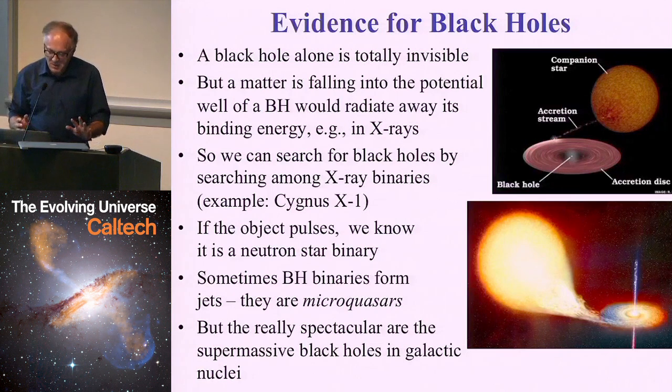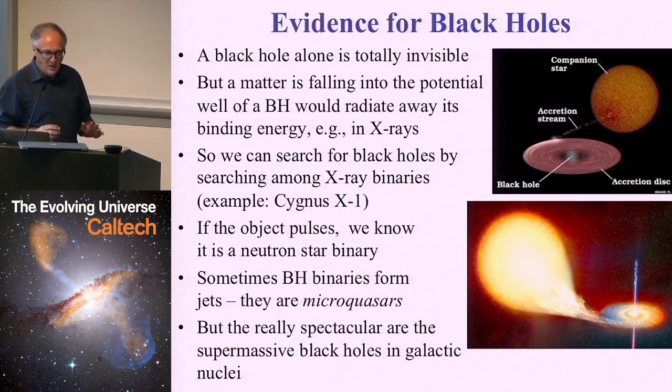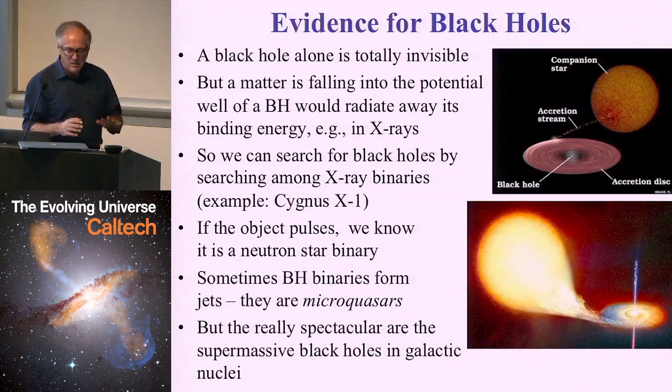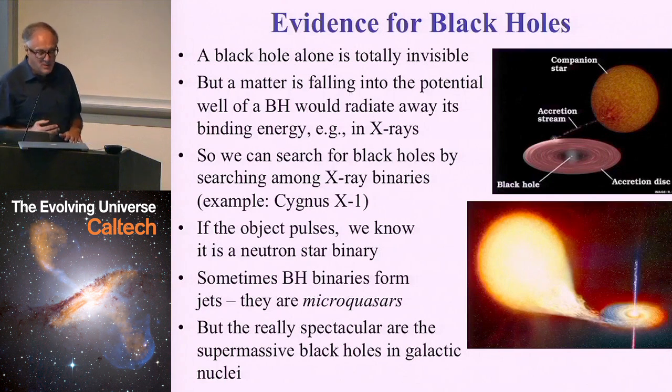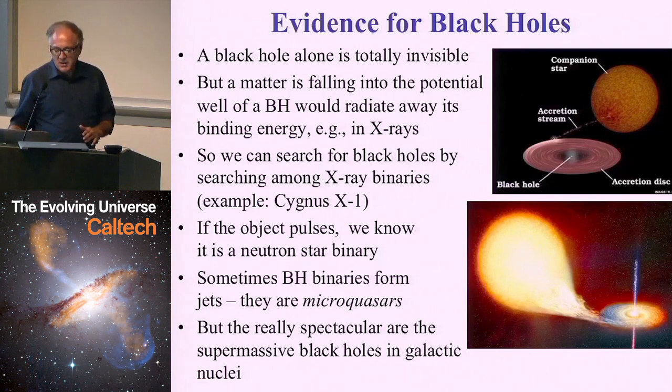The generic expectation was that material that stops right shy of the black hole will be shining in X-rays, just like with neutron star binaries, but there is a way to tell, because you may remember that for neutron star binaries there are pulses. And if you see an X-ray binary with the right kind of properties that doesn't pulse, then chances are it's powered by a black hole.